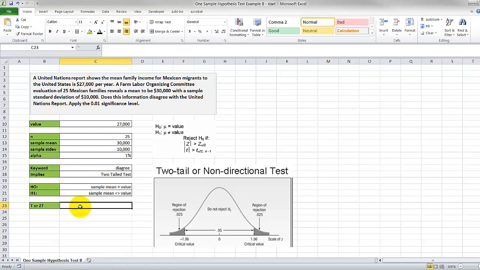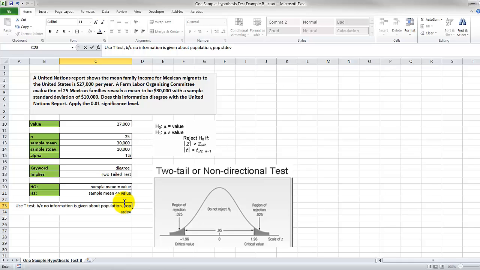If that's the case, we have to use the t. So use t test because no information is given about the population. In other words, population standard deviation is not known.